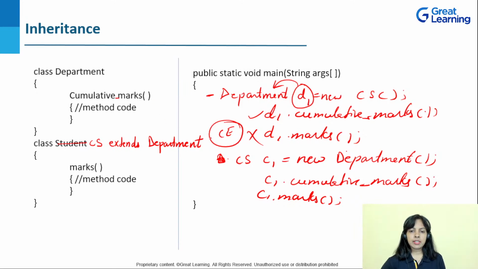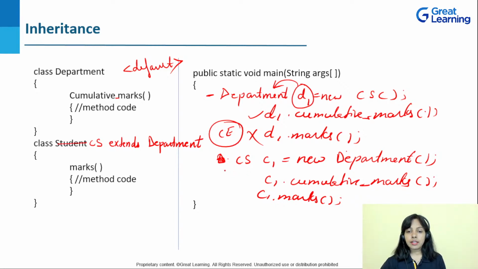Now you tell me, is there any error in this? By default, cumulative underscore marks is public. Yes. Okay, when we don't specify any access specifier, by default, the access specifier in Java is default. So if I have not written anything, it means it is default. No error. No, ma'am, no error.